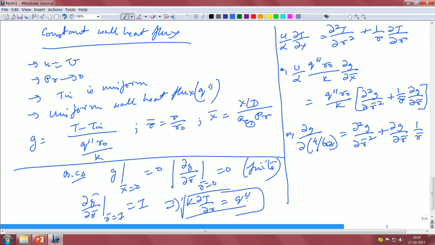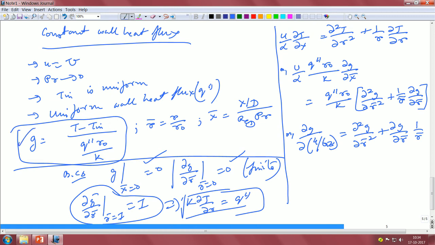So the only boundary condition that has changed is this one over here, and your definition of G also has undergone a change. Based on these two factors, that G has changed and dg by dr, you have to write the flux conditions like that. The rest of the problem can be worked out exactly in the same way as before, because this part of the equation does not change at all.